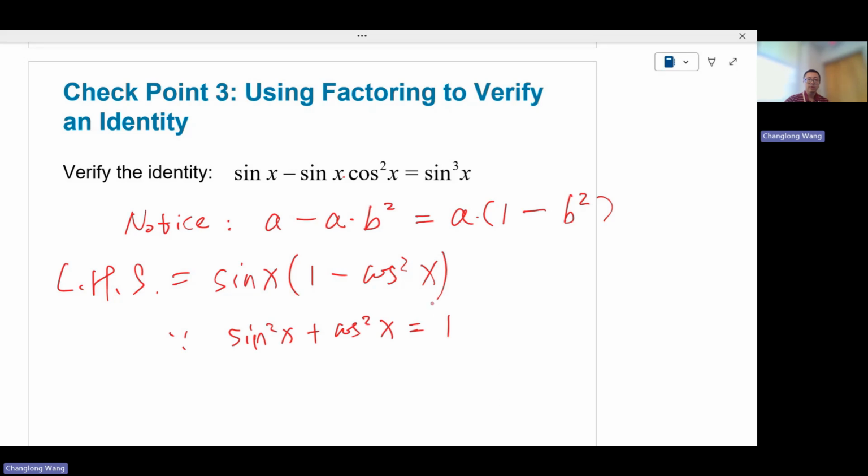So like I said, I don't like the cosine square anymore. I want everything about sine on the left-hand side. So I'm going to solve for cosine square. How would you do that? Subtracting sine square. So would you say that this is telling us that cosine square x is 1 minus sine squared x? Am I right?